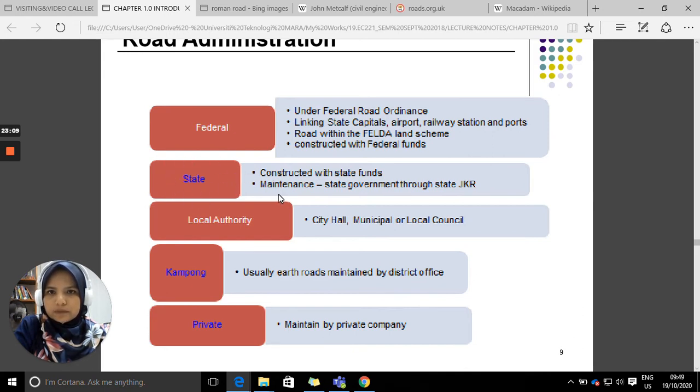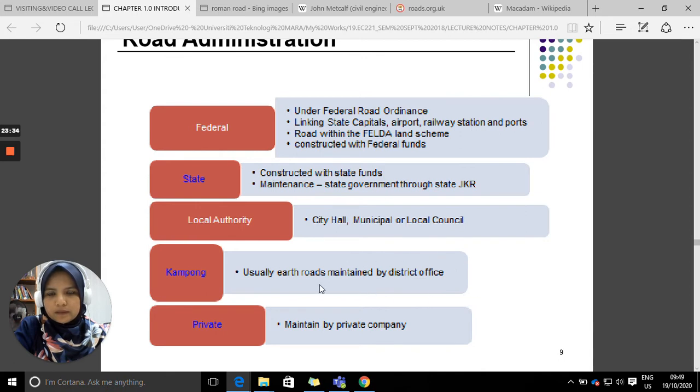State road, alright, constructed with the state funds. Maintenance is being done by state government through state JKR, right? Federal roads are mainly done by federal JKR, right? Local authority, city hall, municipal or local council, for example, owned by the municipal council. Kampung roads, usually earth roads, are maintained by the district office.